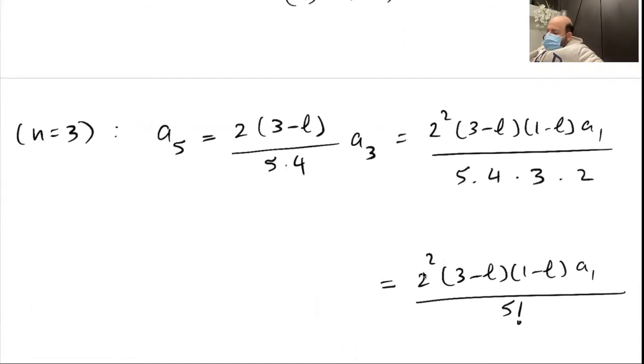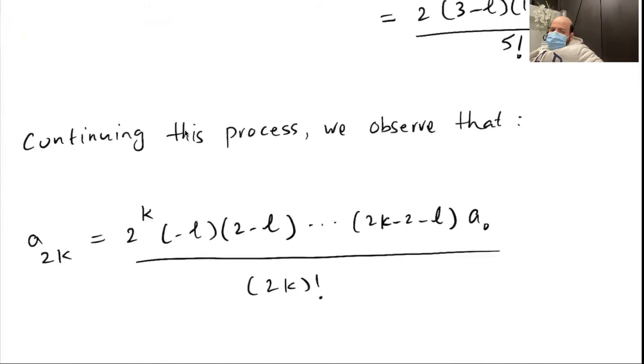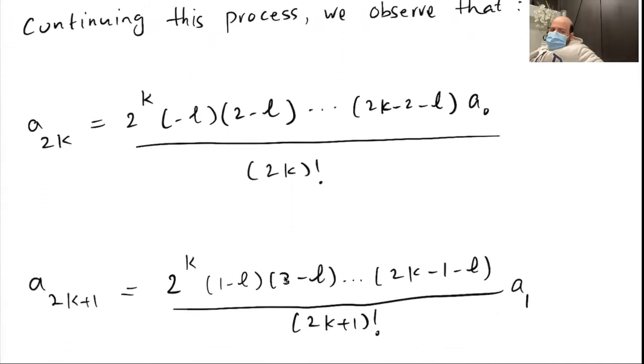And what about these numbers here? Start with 1, then it goes all the way to the last odd number before this number. So 3 is the last odd number before 5. So for 2k plus 1, it starts with 1, then 3, all the way to the last odd number before 2k plus 1, which is 2k minus 1, and then minus L, A1.